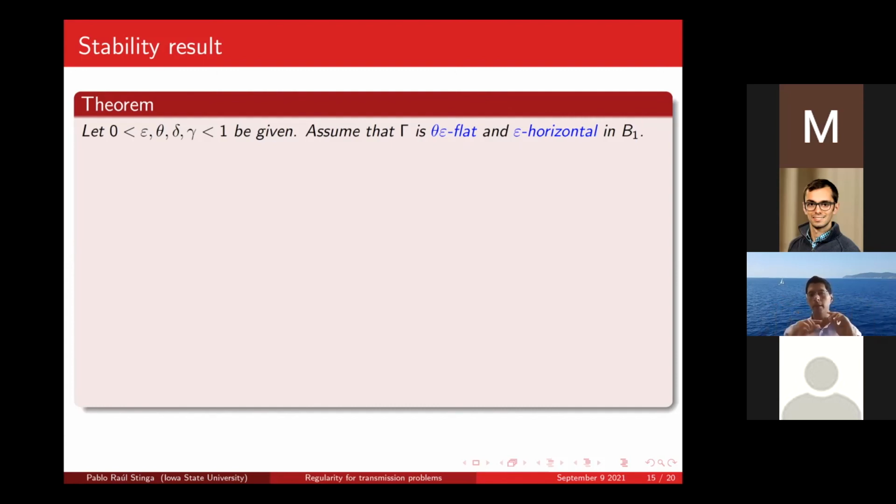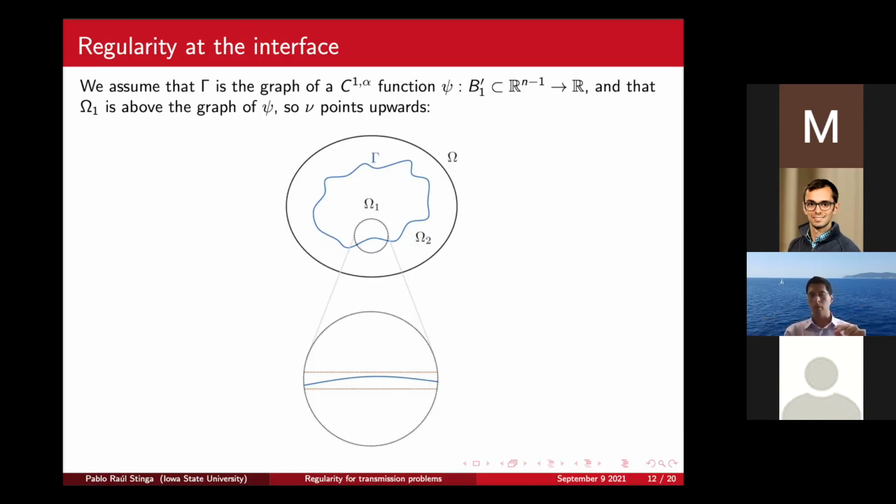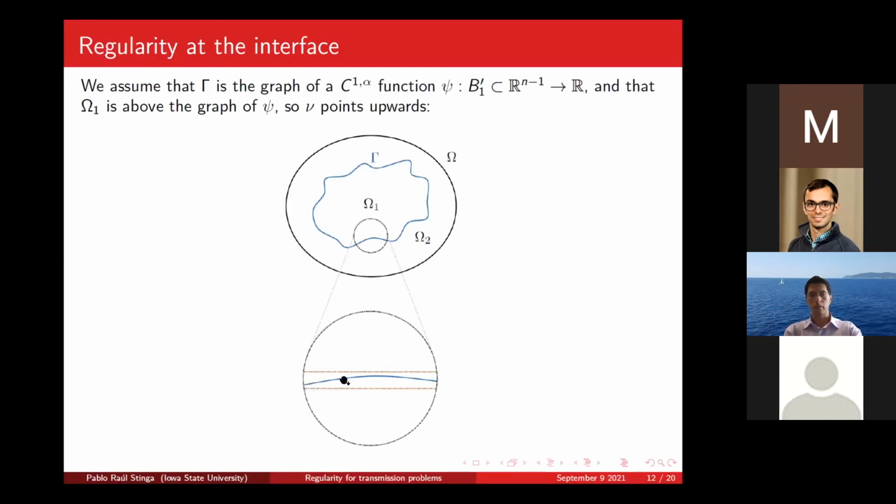So essentially it means that the normal to gamma is very, very close to the vertical. So there is not a lot of wiggling inside, not a lot of mass inside the strip. So kind of like this picture here. This is in a strip, and the normal vector here is almost vertical. It detaches from the vertical by less than epsilon.